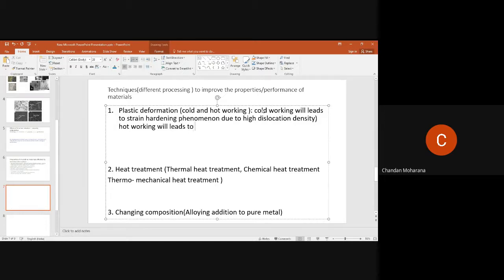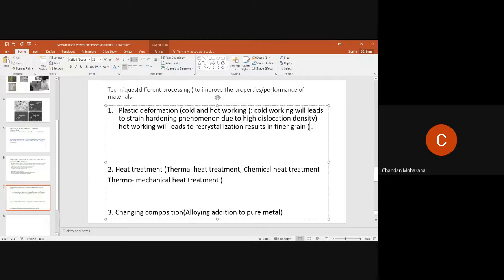Leads to which phenomenon? High strength. High strength, right? Very good.